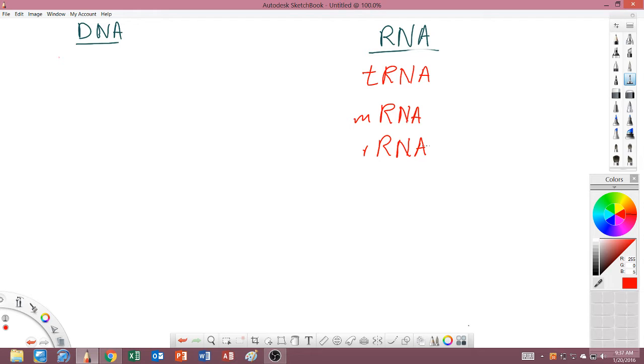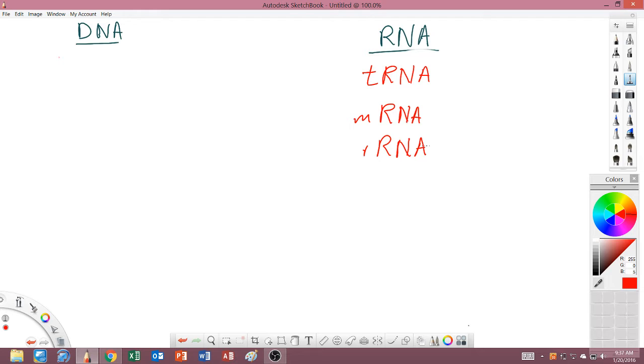If you don't like transfer, say transport. M stands for messenger. R for ribosome. Ribosomal RNA, messenger RNA, transfer RNA. Three types of RNAs. Good.